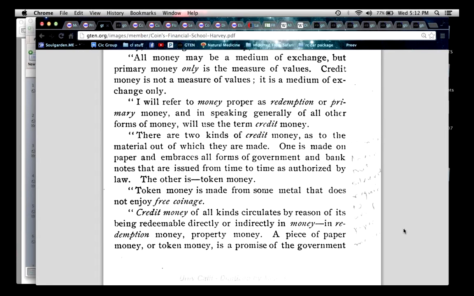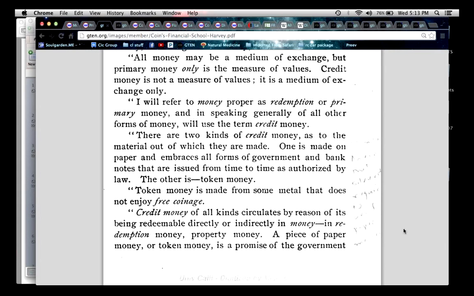When he talks about redemption money, that means it's the money that you redeem some other piece of paper or something for, right? I think he talks more about that, but if he doesn't, we'll cover that a little more. There are two kinds of credit money as to the material out of which they are made. One is made on paper and embraces all forms of government and banknotes that are issued from time to time as authorized by law.